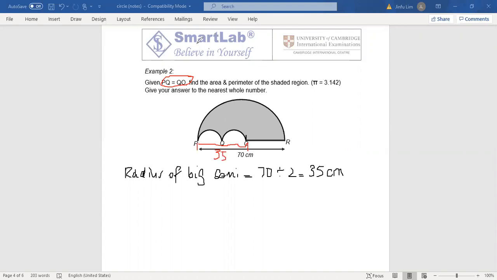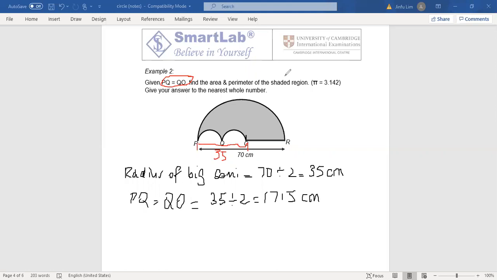So to find PQ or QO, we take 35 divided by 2, and this will give you 17.5 cm.